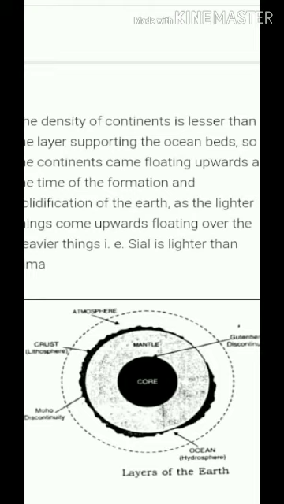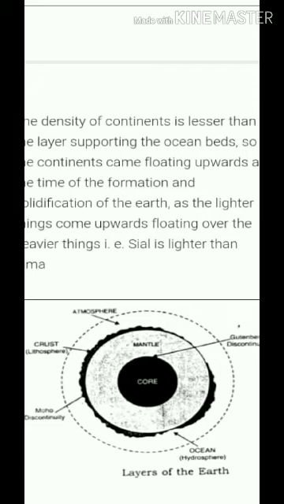The temperature of the outer core is about 2200 degrees Celsius, while it may be as high as 5000 degrees Celsius in the inner core. The outer core is in a molten state, whereas the inner core is firm and solid due to very high pressure, and the presence of heavy metals and iron may be responsible for the Earth's magnetism.